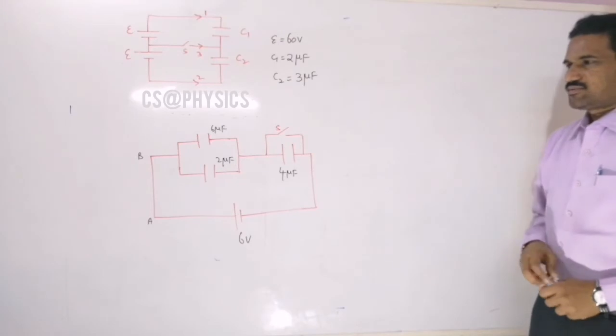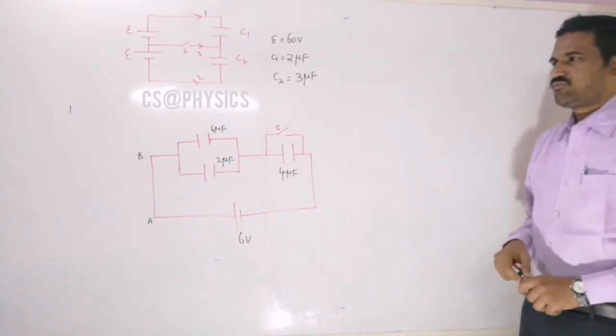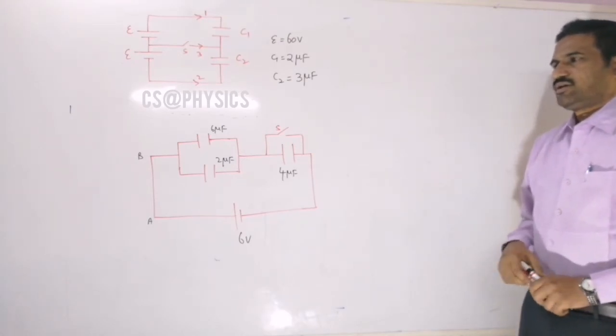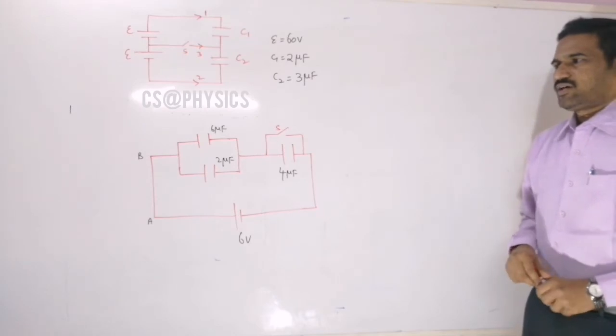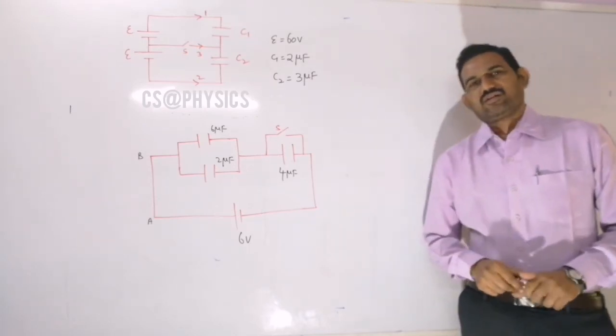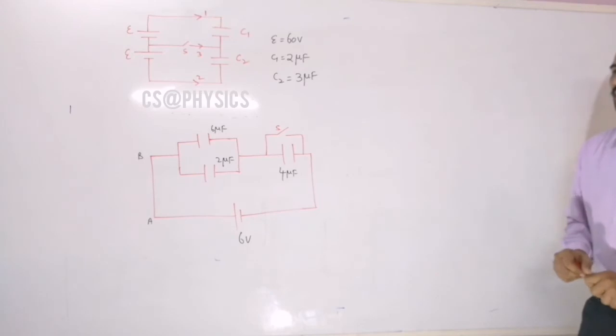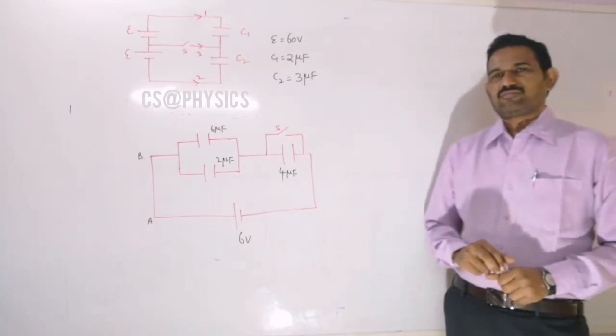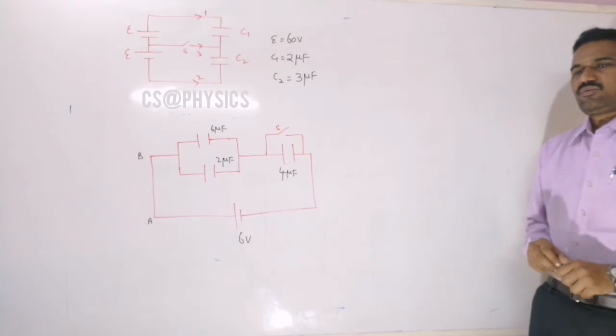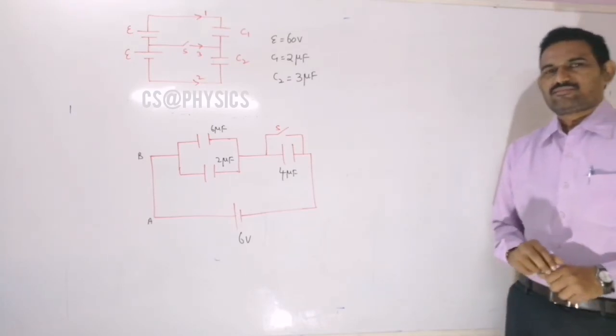So write this: in the circuit shown in figure, find the charge flowing from A to B and the charge flowing through the switch once the switch is closed.